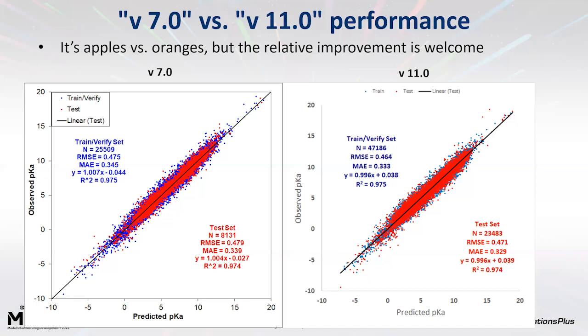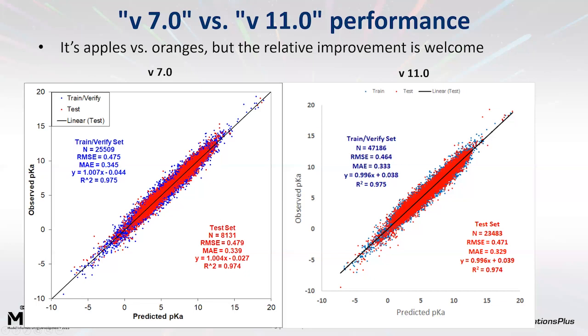Version 7, version 11 performance, and comparatively, it's apples to oranges because there are different numbers of compounds, of course. This is the original model as it was trained on over 25,000 compounds and internally tested.